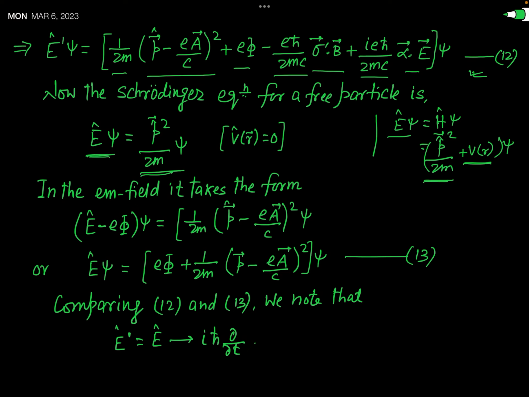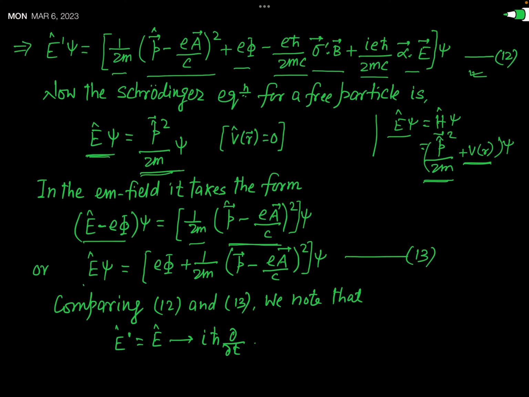In this case, E is replaced by E minus E phi, and momentum P is replaced by P minus EA over C. So we will substitute E minus E phi in place of E for a free particle in an electromagnetic field. And in the RHS there is 1 over 2m, and instead of P hat square, we will write P minus EA by C whole square operated on psi.